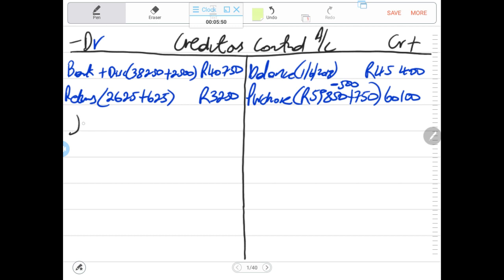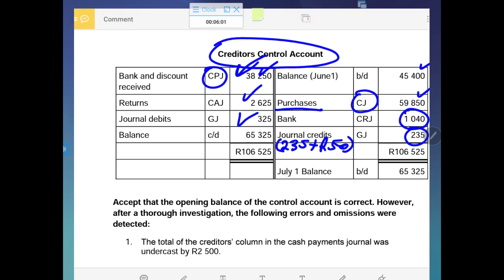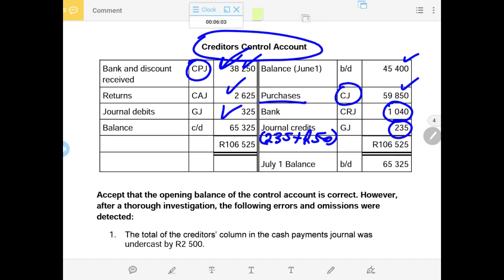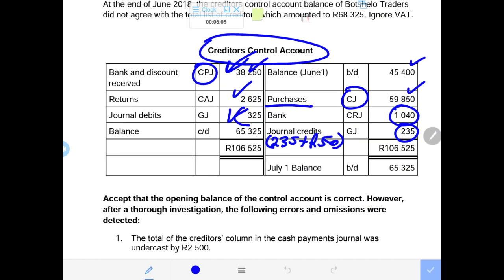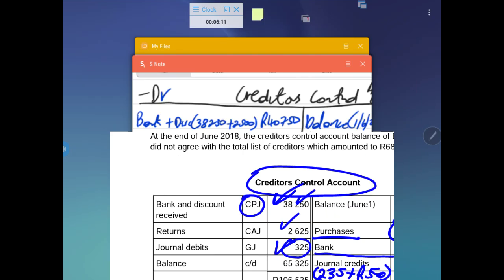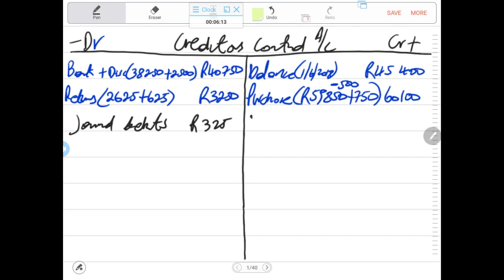We're starting now with the journal debits. Journal debits is 325. Remember that journal debit, we're taking this as is, that 325. There was no entry for this one. Then we have our bank of 1,040. There's nothing that affected that bank.